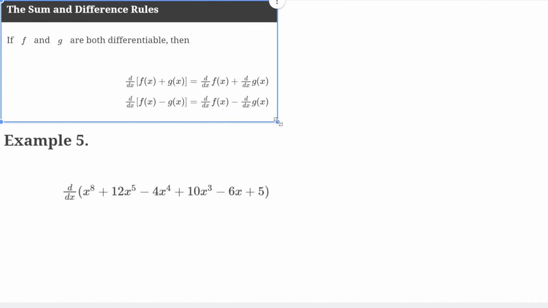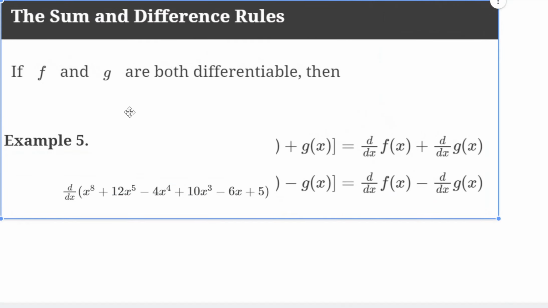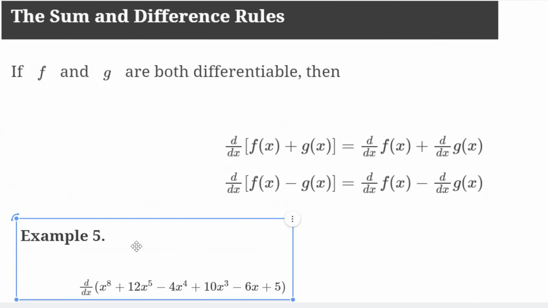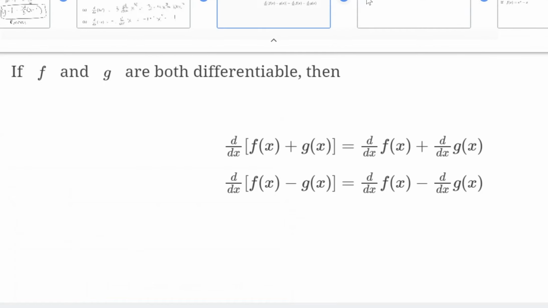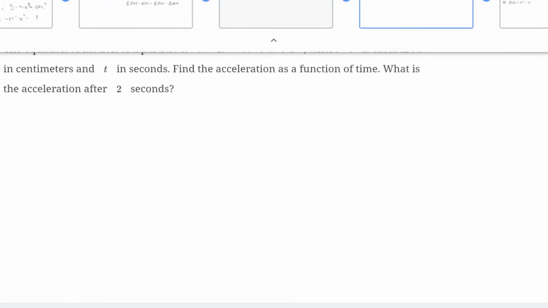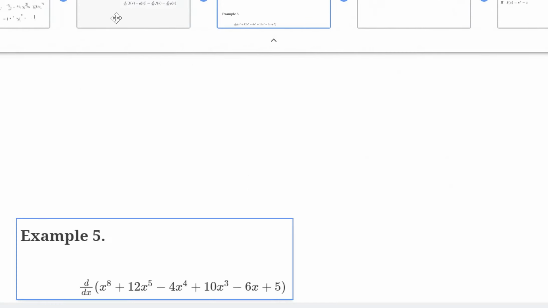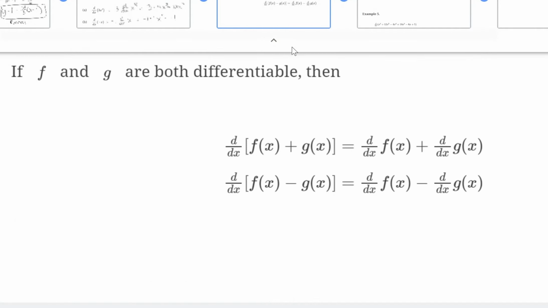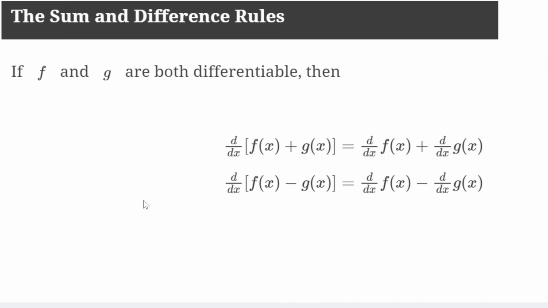All right, so next one. Sum and difference rule. You might look at this and go, oh, okay, all the basic operations work. They don't. Sum and difference, you can split them apart.